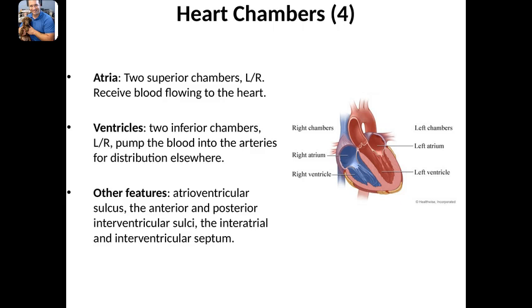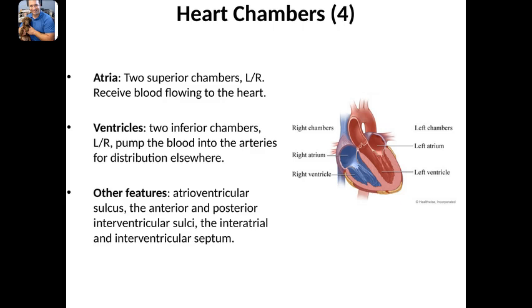So there's something called the interventricular septum. All that is a piece of myocardium that separates the heart into right and left. All right. And then between these chambers, blood is going to flow in a certain circuit, and you need to know what that pathway is.